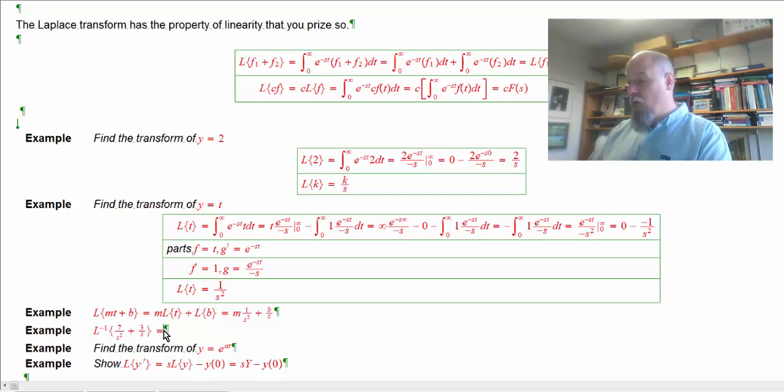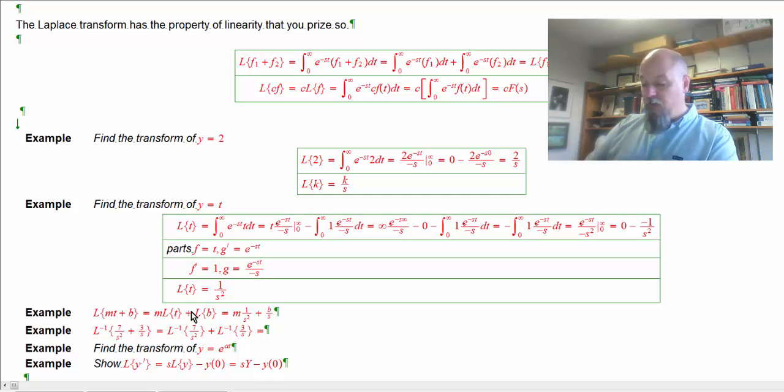the inverse transform also transforms across. So that's the inverse transform of those two pieces. And what would have transformed to be 7 over s squared? Well, that would be 7t. What would have transformed to be 3 over s? That would have been 3.